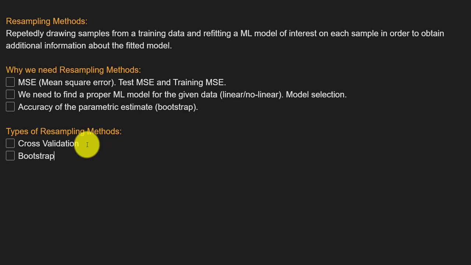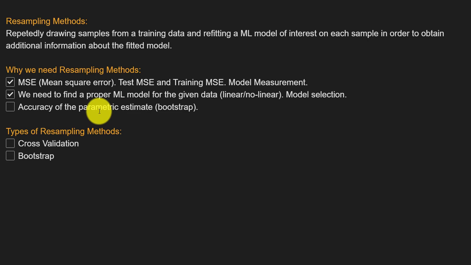Cross validation generally helps us to deal with the first two kinds of problems. That problem is also called model measurement, where we are basically trying to estimate the test MSE from the training MSE, as well as model selection, like what kind of model will be best suitable for our input data or test data.